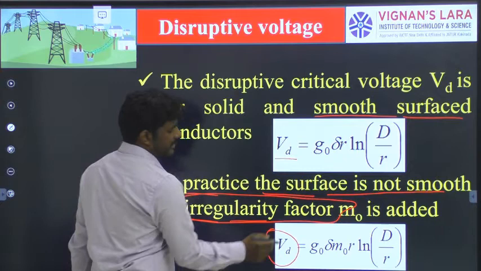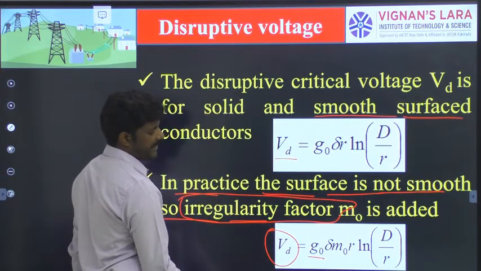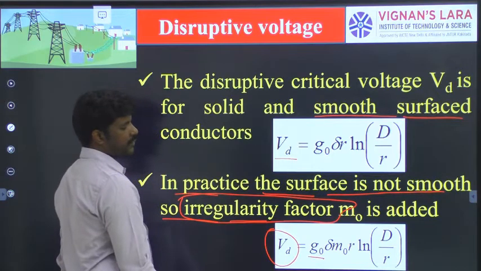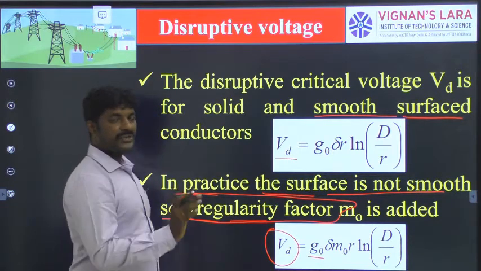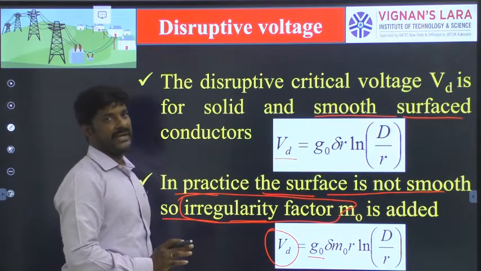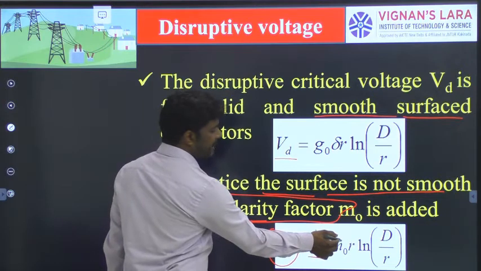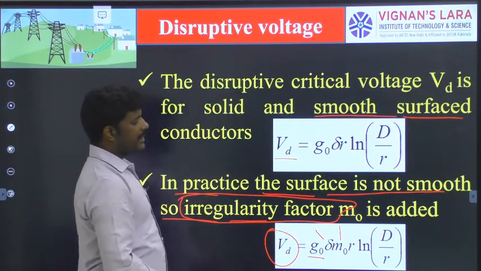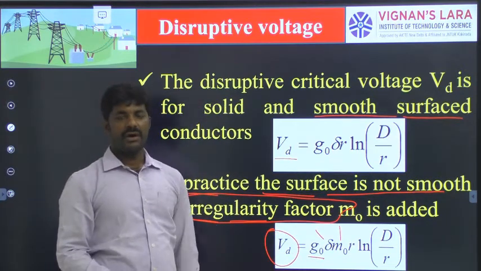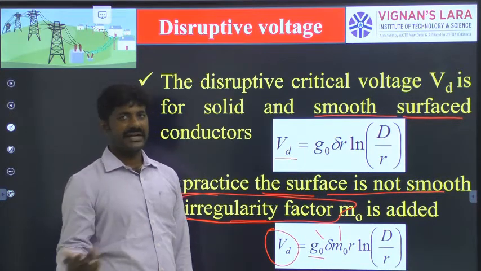The entire magnitude of this disruptive critical voltage uses G naught of 30 kV per cm peak value, or 21.21 kV RMS. Always we have to use the RMS value, 21.21 kV per centimeter. Next, delta is the air density factor, and M naught. Just now we have given the real-time practiced value of disruptive critical voltage for the uneven surface of the conductor also.